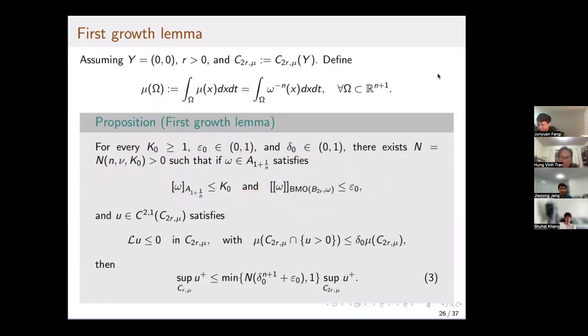And if u is a subsolution in this one with the positive part, and the measure of the positive part, or the density of the positive part, is less than delta naught, then the supremum of U in the interior of CR mu, let me draw a picture over here.